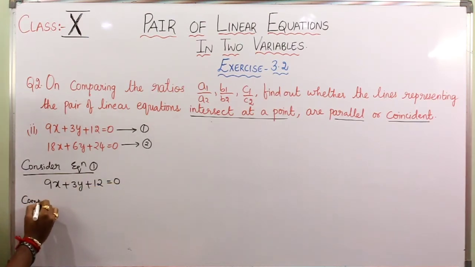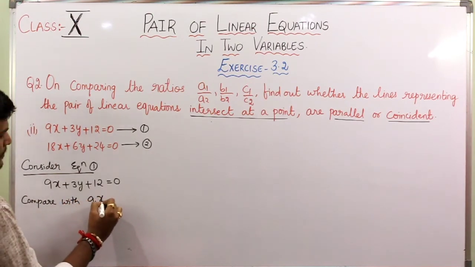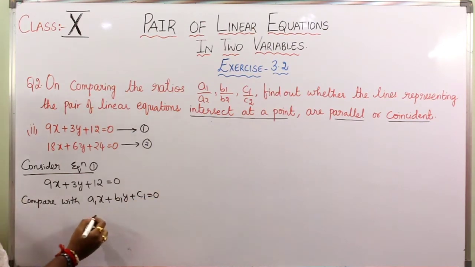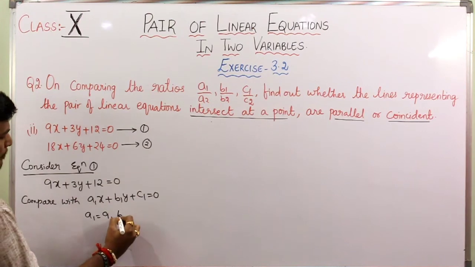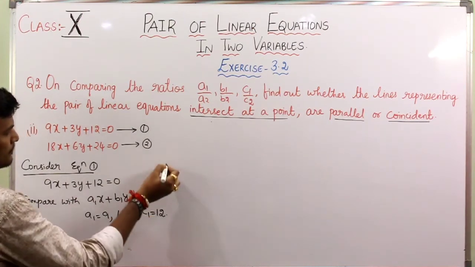Compare with a1x plus b1y plus c1 is equal to 0. Then we get a1 is equal to 9, b1 is equal to 3, c1 is equal to 12.